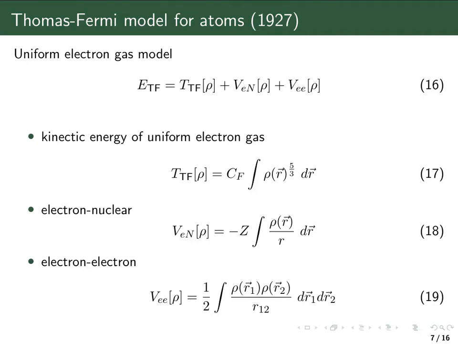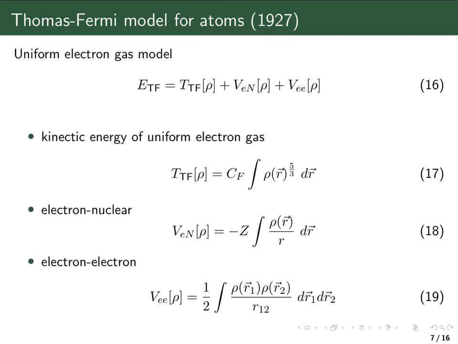The electron-nuclear contribution and the electron-electron repulsion contribution are precisely the same contributions as in Hartree-Fock theory, just written now with densities instead of just orbitals. With the expression for the density of one electron, which we had in the last lecture, you can rewrite that in precisely the form we had in Hartree-Fock theory.